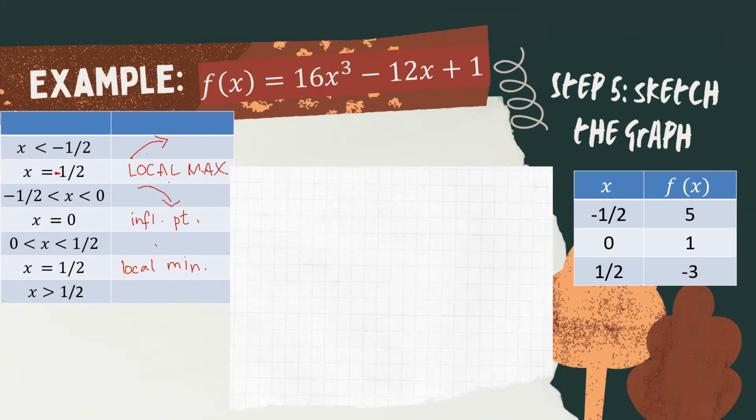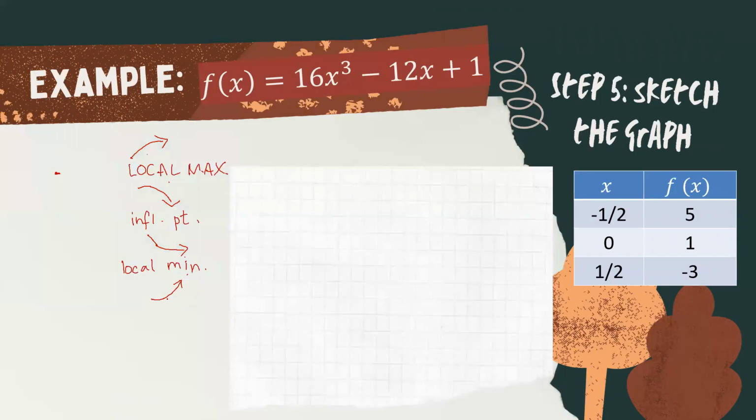Tapos inflection point, so ibig sabihin decreasing pa rin pero concave upward na. Tapos local minimum siya, kaya ibig sabihin nag-i-increase na pero concave upward pa din. Tama? Okay, yan yung kaninang slide natin.